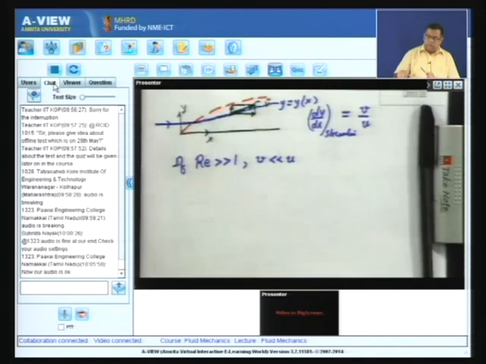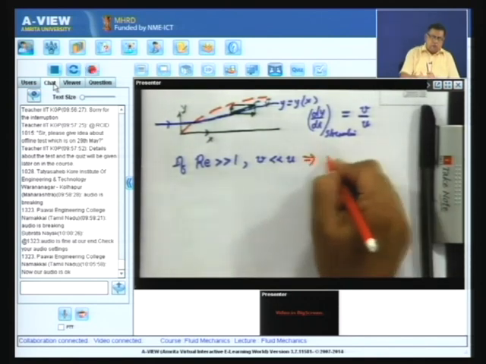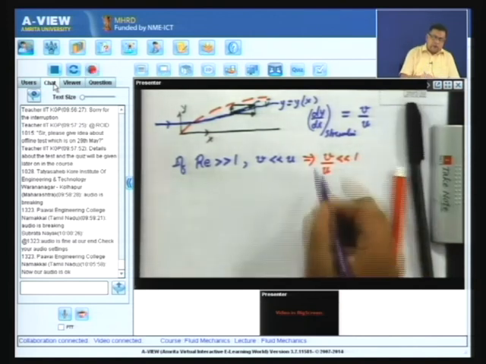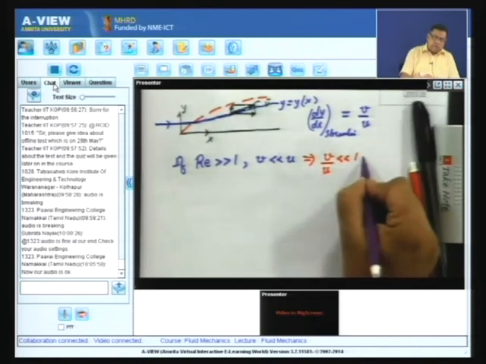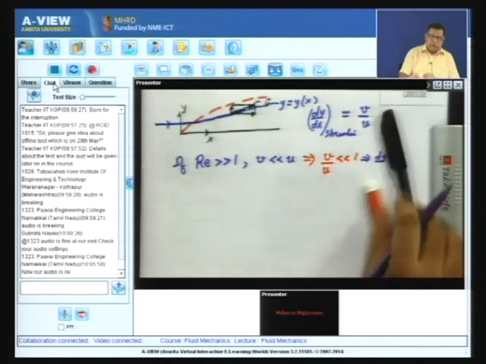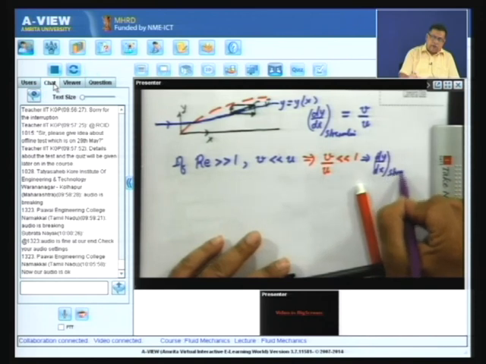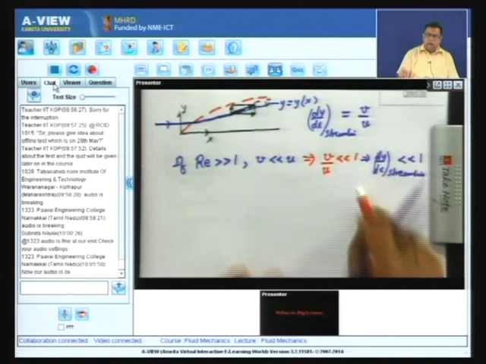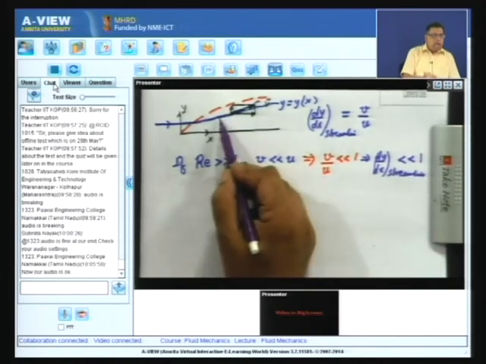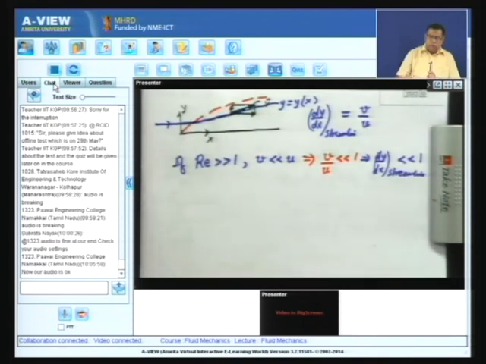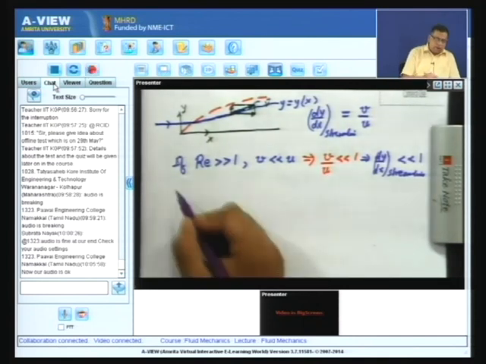That means that V by u is much less than 1, which means that dy/dx, the streamline slope, is going to be much less than 1. So, the deviation from parallelity is small. So, these are sometimes called nearly parallel flows.